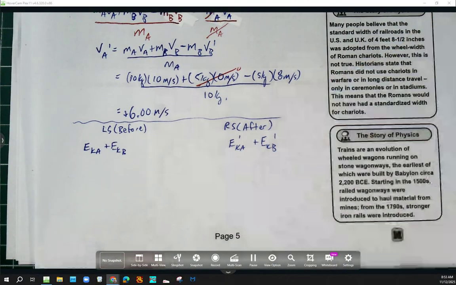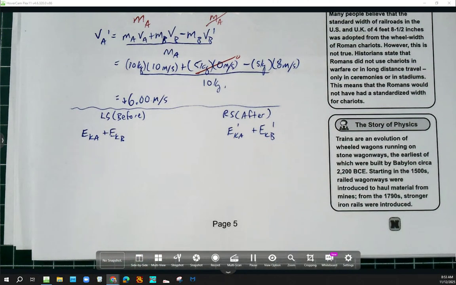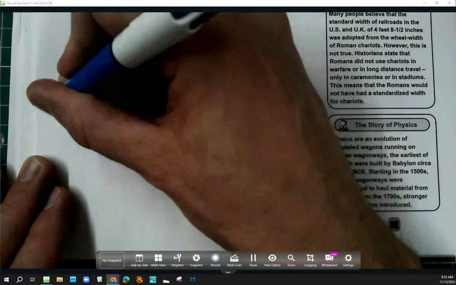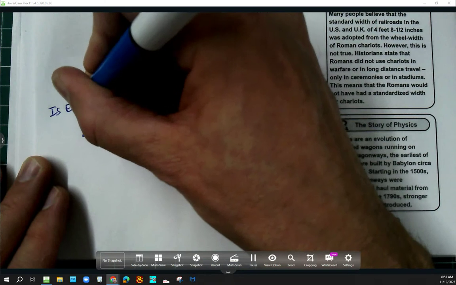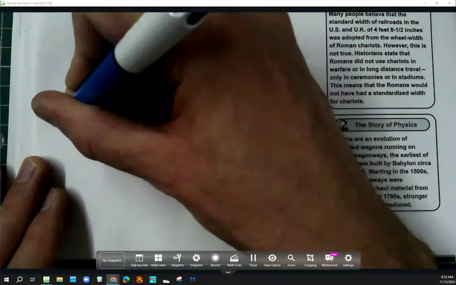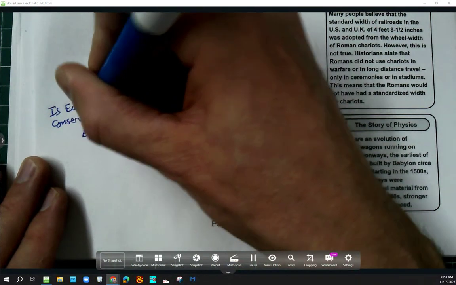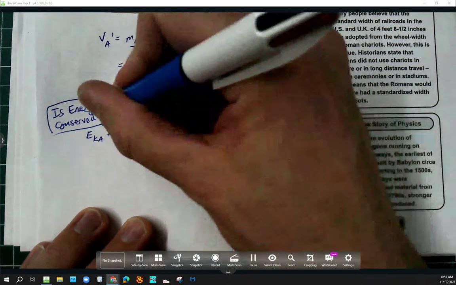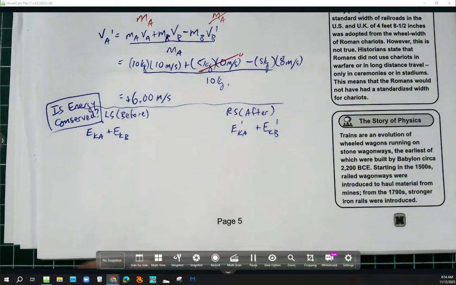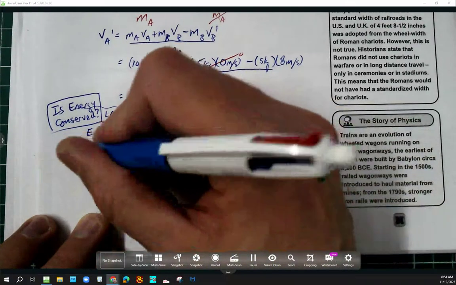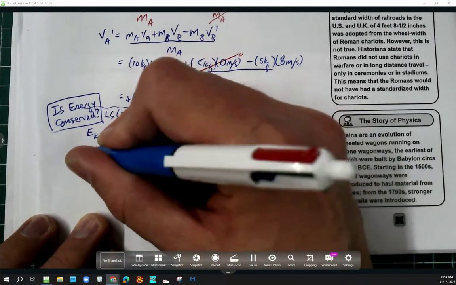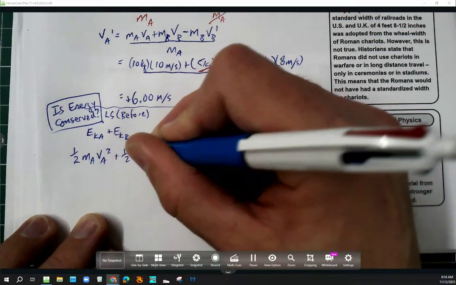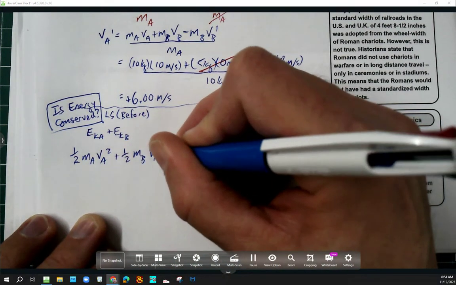So if I was investigating to check to see if energy was conserved in this situation, I could state the question: is energy conserved? I didn't type that into the original note, but that's a good question to ask. So I'd expand out EKA and EKB to be 1/2 MA VA squared plus 1/2 MB VB squared.